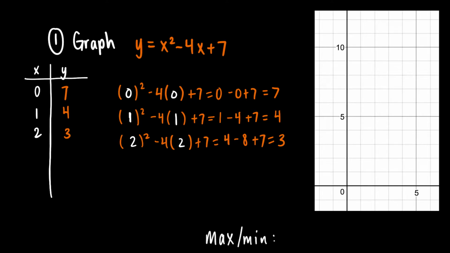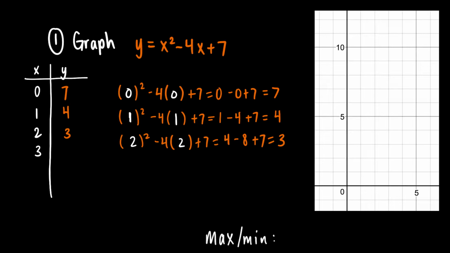What about if we plug in 3 for x? And we'll just keep doing this. I usually like to get about 5 points, 5 xy coordinate pairs here before I graph. I also like to check and see if there's any symmetry, which I'll explain here in a second when it pops up.